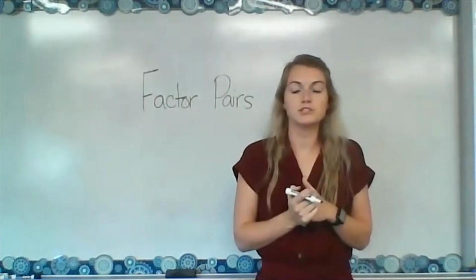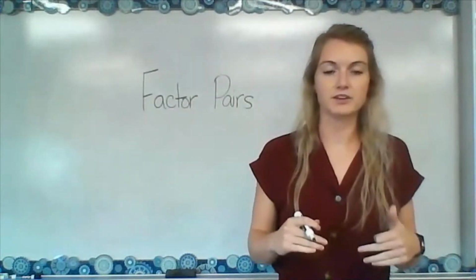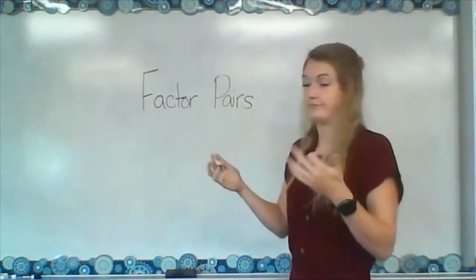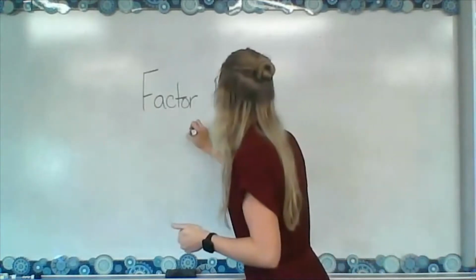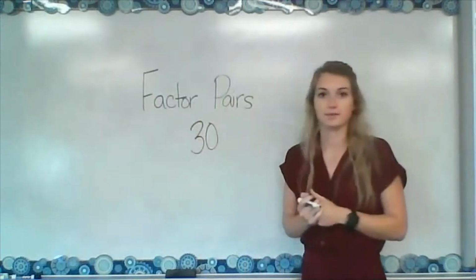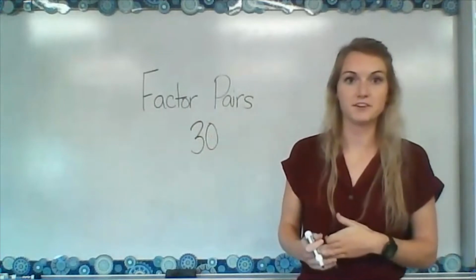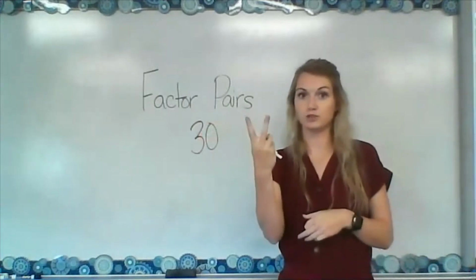Okay, next thing we're going to do is factor pairs, okay? So you're going to take a number, any number that you want, honestly. We're going to do 30, okay? And we want to find the factor pairs of 30. Pair means 2, right?